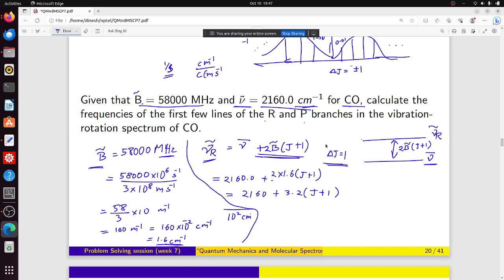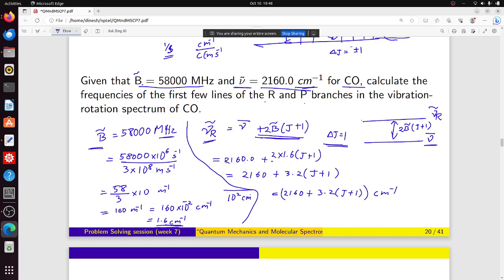J value we don't know, so we will keep it as it is. So this is 2160 plus 3.2 (J plus 1). What is the unit? Centimeter inverse. This is the frequency for the transition towards the R branch.